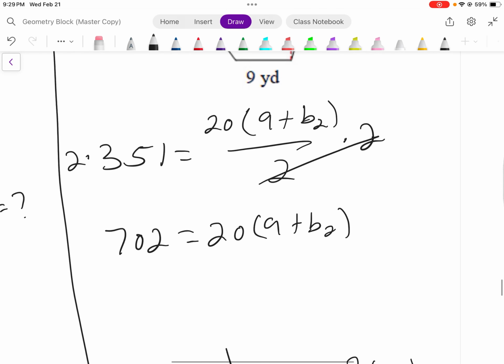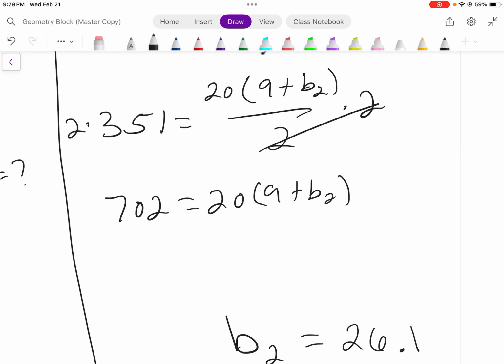Okay. There's a couple of different routes you could go with this. I could divide by 20 right now. We could distribute, which that's what we're going to do. That's going to be 180 plus 20 B2, minus the 180.